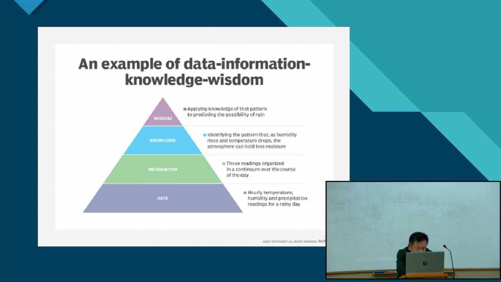So the bottom line data example is hourly temperature, humidity, precipitation, reading for the rainy day. We can use the huge computer, supercomputer, and can anticipate the data, raining date.